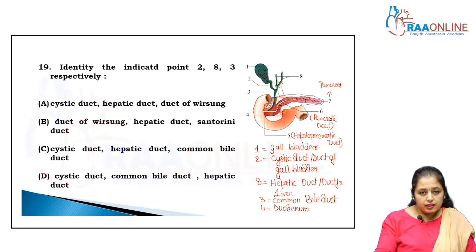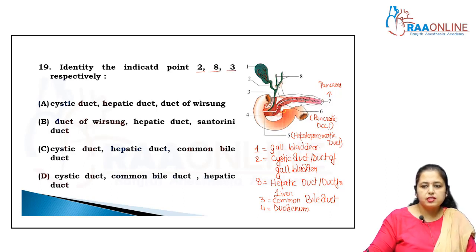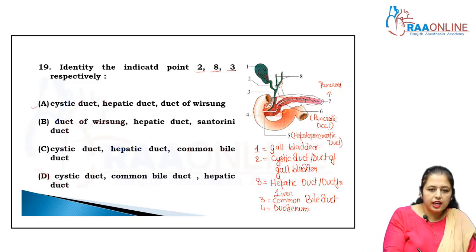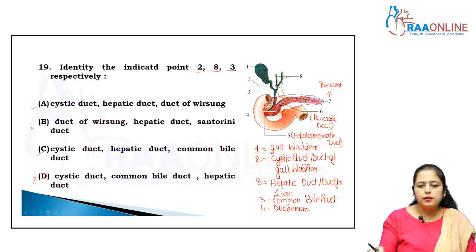So in that particular question, 2, 8 and 3 are indicated. 2 is the cystic duct or the duct of the gallbladder, and 8 is the hepatic duct or the duct of the liver. Cystic duct and hepatic duct are in A and C, that means B and D are cancelled.